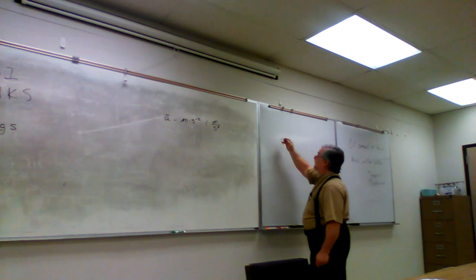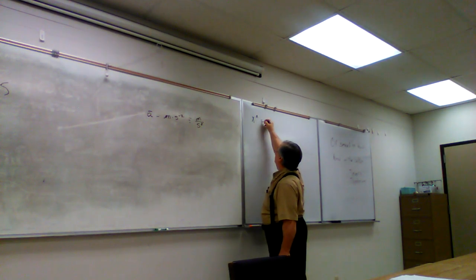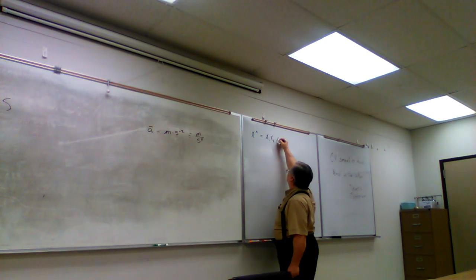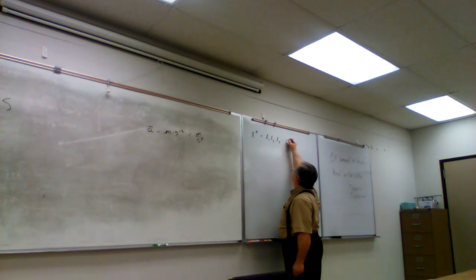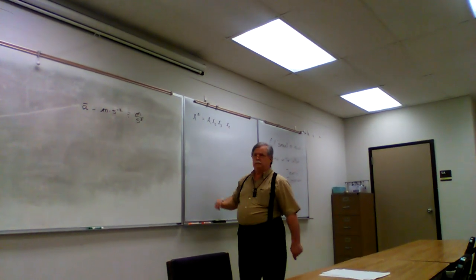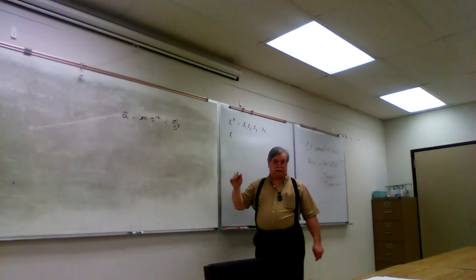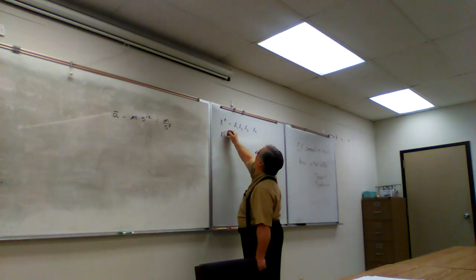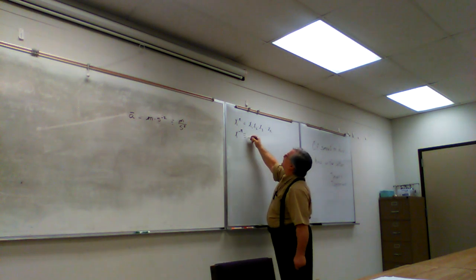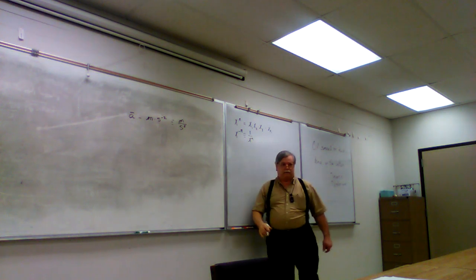Okay, by definition, x to the power of n equals x times x times x, n times. Okay? This is not out of your book. This is just something extra you're going to need to know. x to the minus n is, by definition, 1 over x to the power of n.